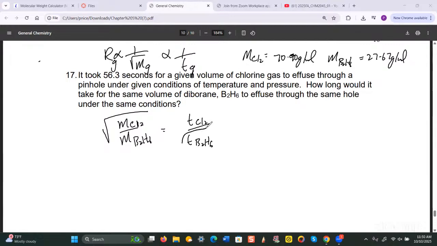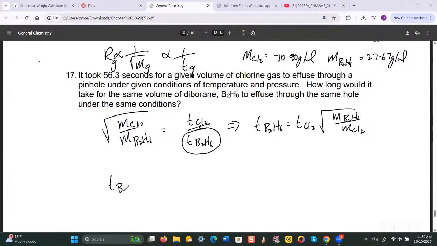Okay, now the question is asking for what? The time of effusion of diborane. So basically we have to rearrange this to get T B2H6, and that would be equal to T Cl2 multiplied by the square root of the molar mass of B2H6 divided by the molar mass of the chlorine.